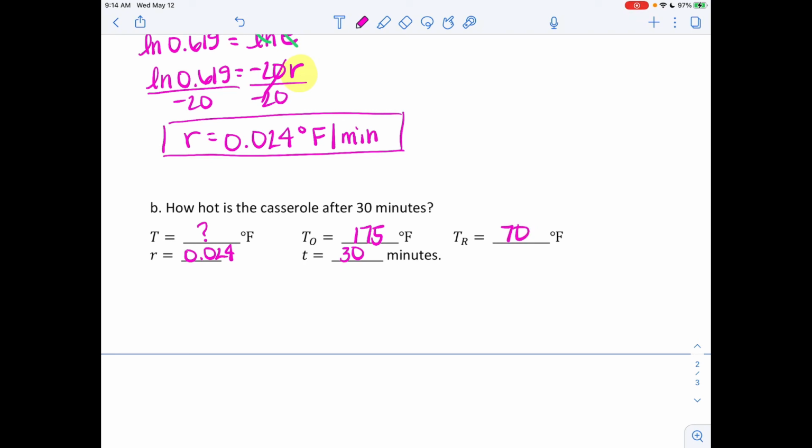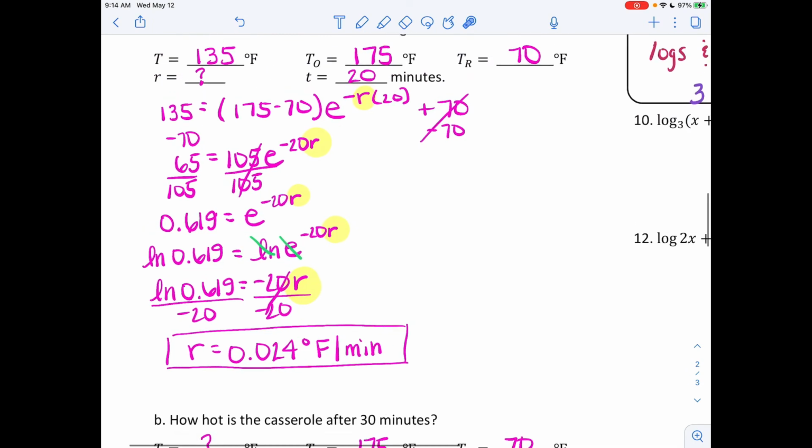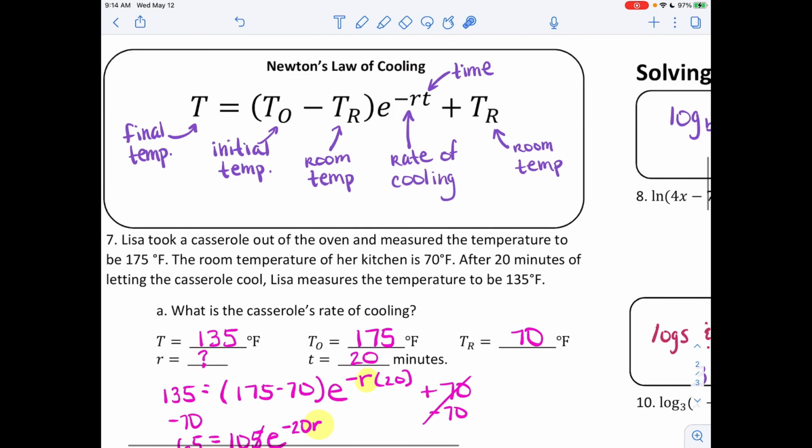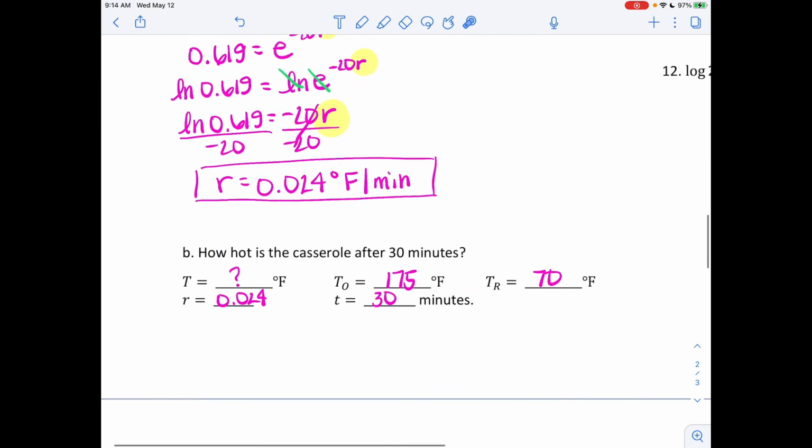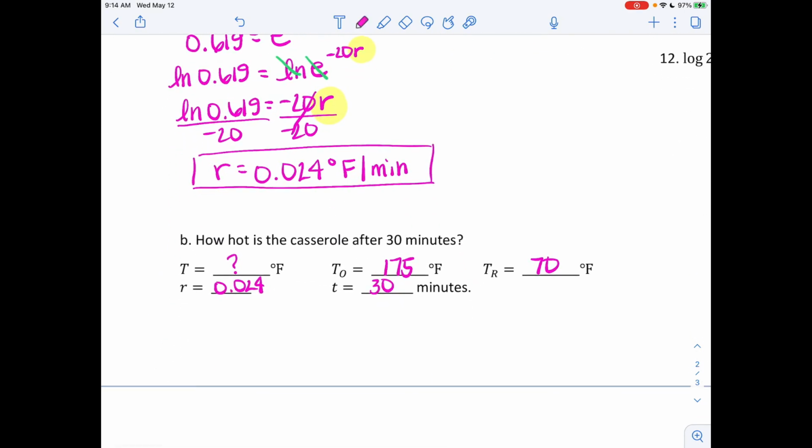So this time we are solving for, let's go back up here, we are solving for this number right here, a final temperature. Well, that's going to be easy because we're going to know everything else here. We're going to plug in all of these numbers and just simply plug it into our calculator to get T. So T is going to be equal to our initial temperature of 175 minus room temperature of 70.